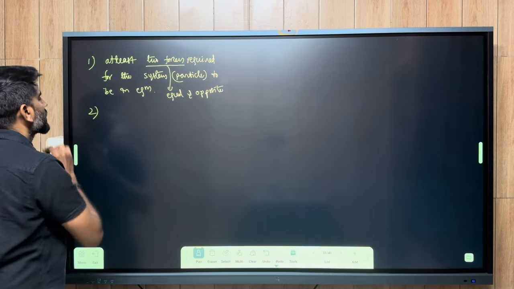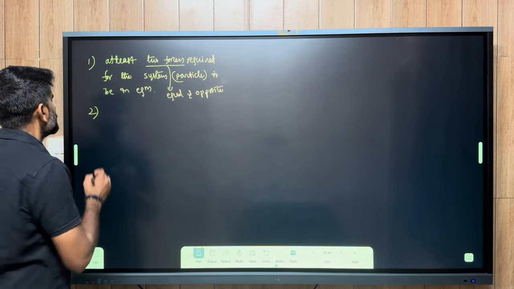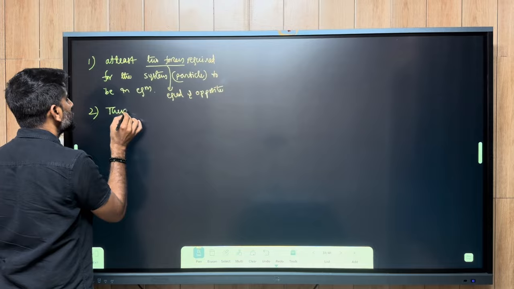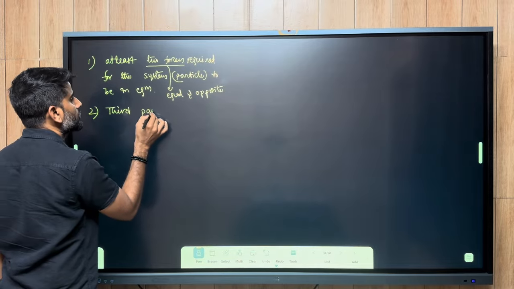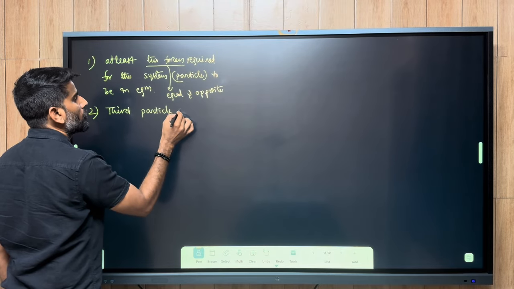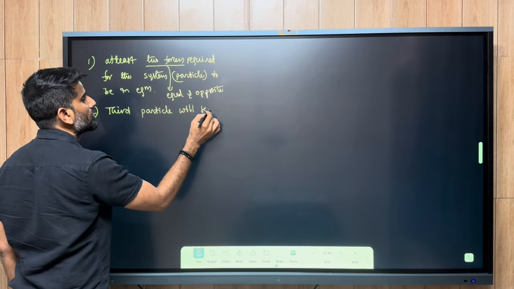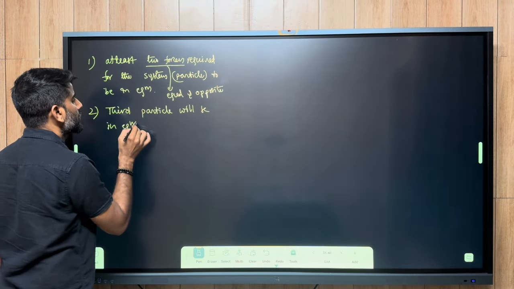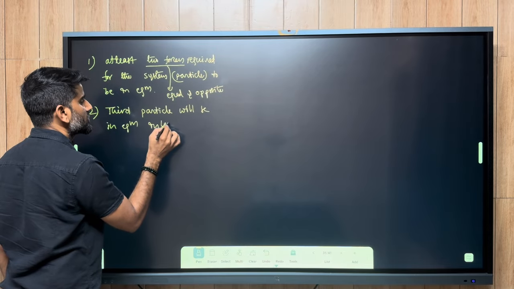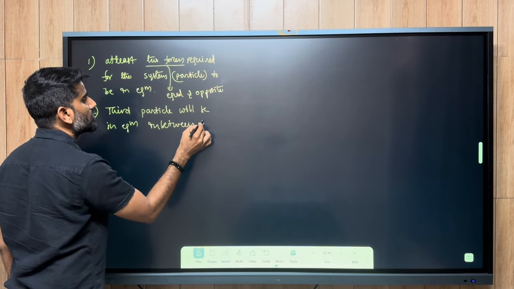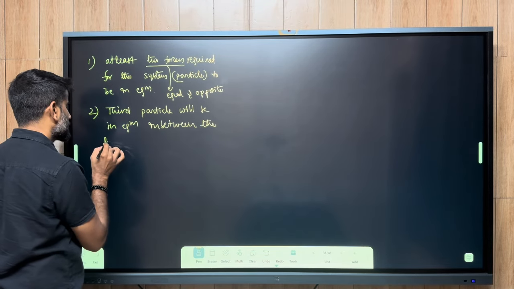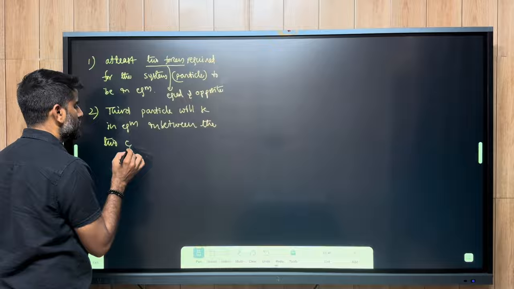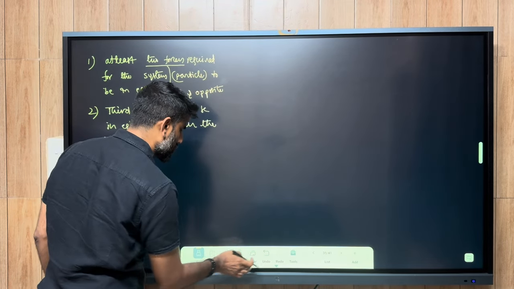Second one: the third particle will be in equilibrium in between the two like charges.